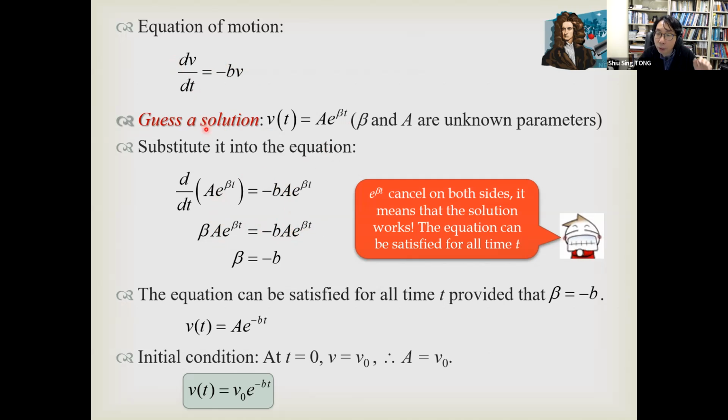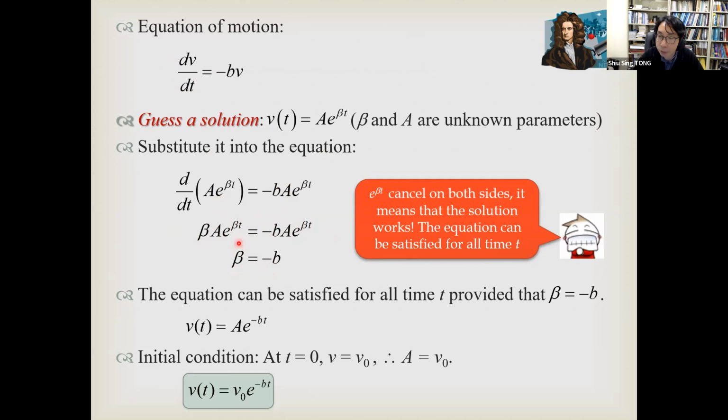Now, in order to make the left-hand side equal to the right-hand side for all time t, I have a certain condition. I notice that the exponential factor that contains the t will cancel on both sides. The A will also cancel. And that leaves me with beta equal to minus b.